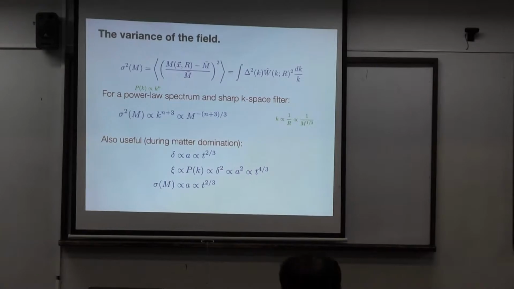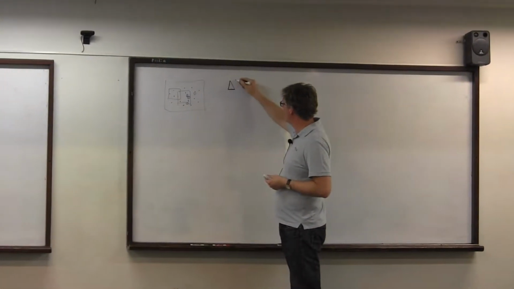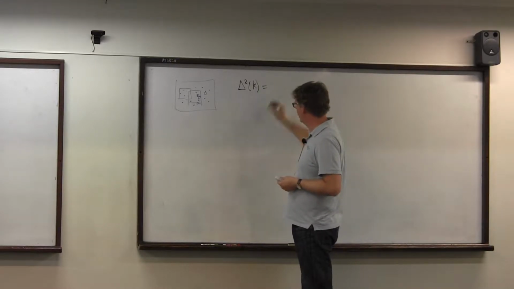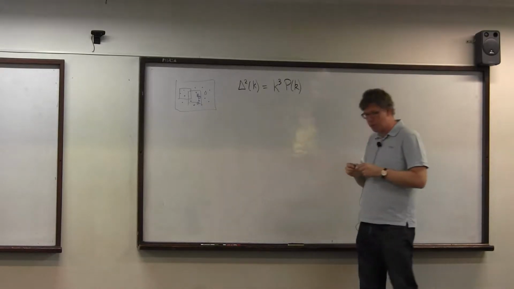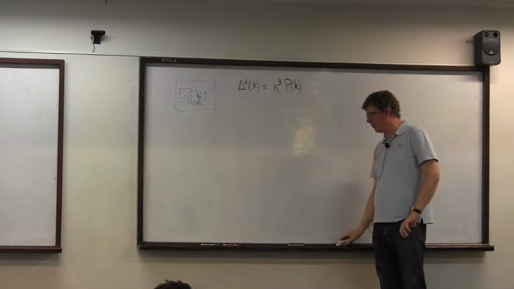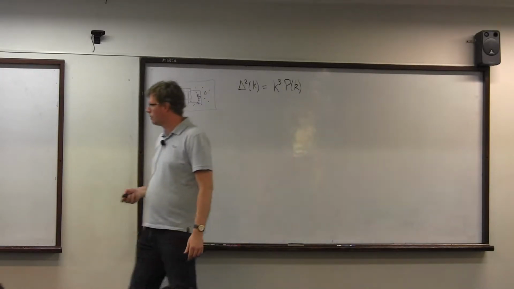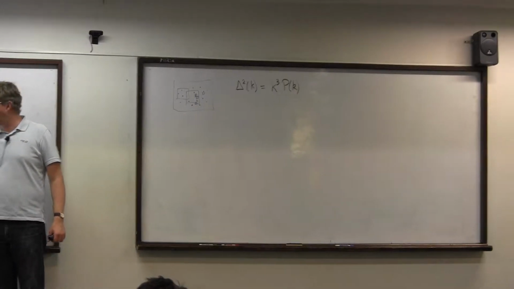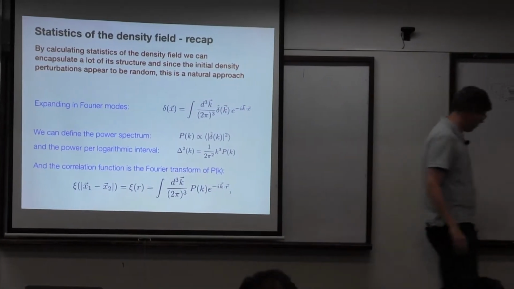First, you have to remember that this is related to the normal power spectrum in this way. That was a slide somewhat earlier, a summary where it said that this squared is, I forgot the 1 over 2 pi squared.